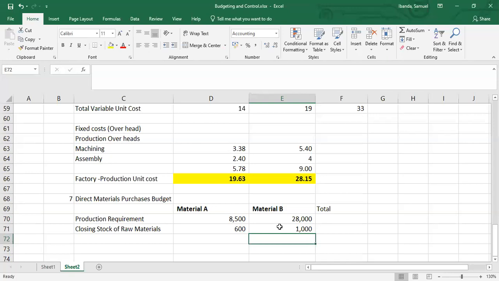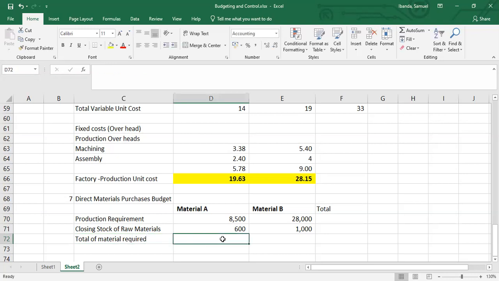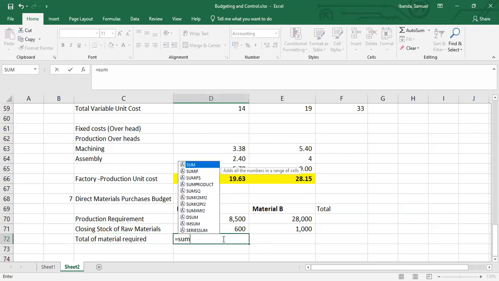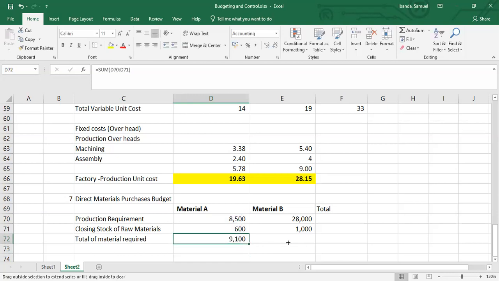So ideally, if I get my total material required, I'll just sum this up like that, okay? So that is what I will get.